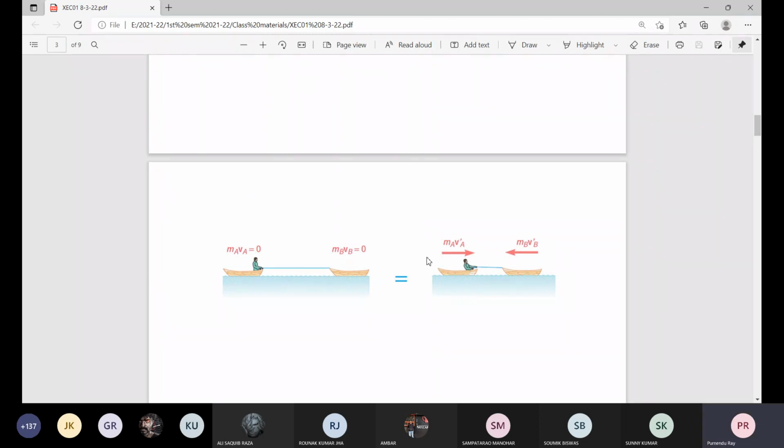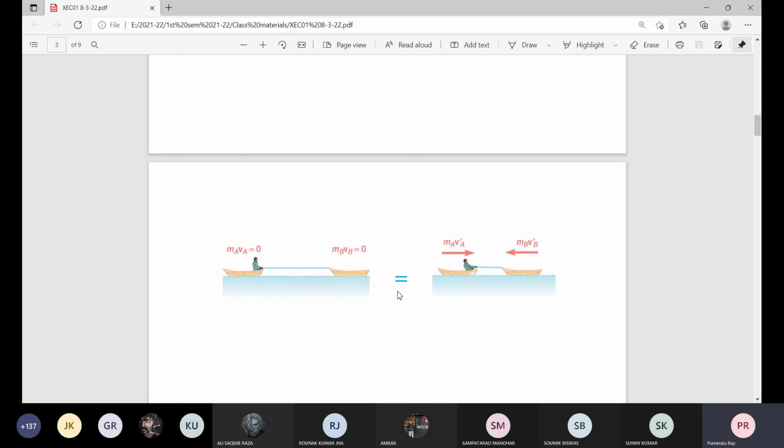And if these are the velocities for boat A and boat B, finally after a certain time, VA dash and VB dash, then the final momentum is mA VA dash for boat A and mB VB dash for boat B. So for this kind of problem, when we really cannot use force equal to mass multiplied by acceleration, or work energy, this will be useful.